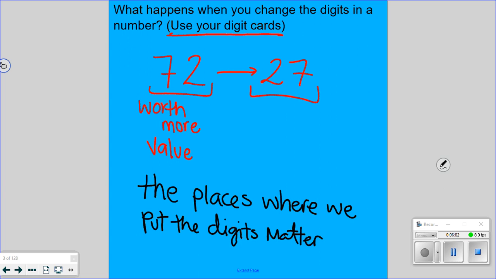It matters where we put the digits. Even though we have a 7 and a 2, and a 2 and a 7, because we put that 7 in that tens place, it's now saying it's worth 7 tens, 70. That's worth more than only 2 tens, aka 20. That makes sense? All right, I'll give you some seconds.